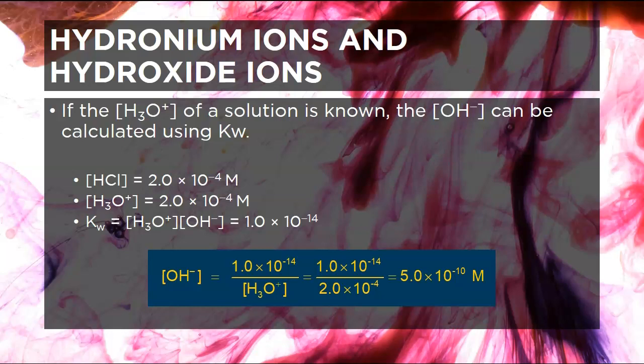So hydronium concentration times hydroxide concentration gives me 1 times 10 to the negative 14th. If I take 1 times 10 to the negative 14th divided by my hydronium, that will give me my hydroxide, which is 5 times 10 to the negative 10th molar.